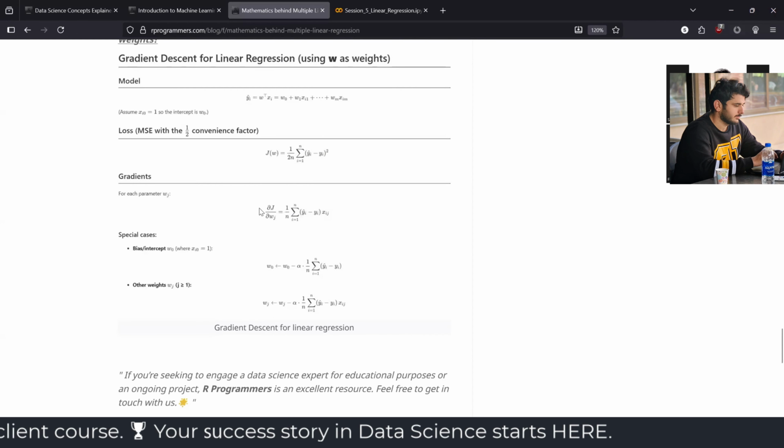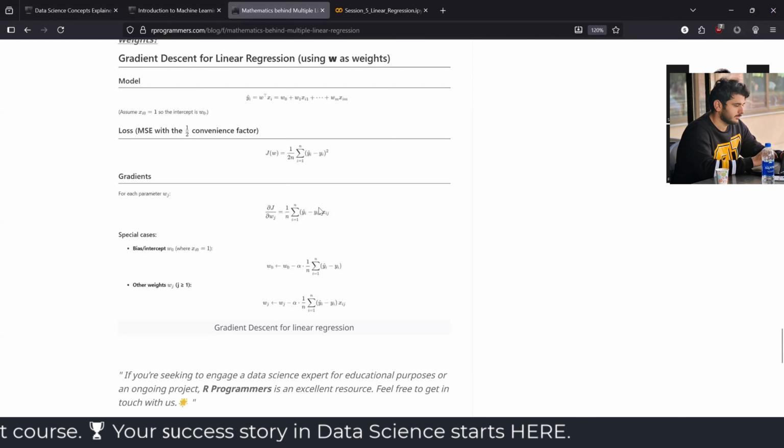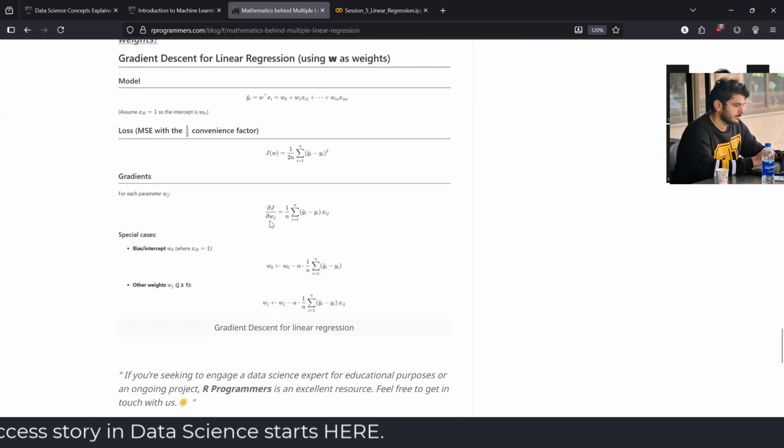This is the gradient formula. J here is the MSE, the mean square error, and Wi means the weight, like beta naught, beta 1, beta 2. For i equal to 0, it will be beta naught, then beta 1, beta 2. So we will do this step individually for each coefficient or each independent variable.